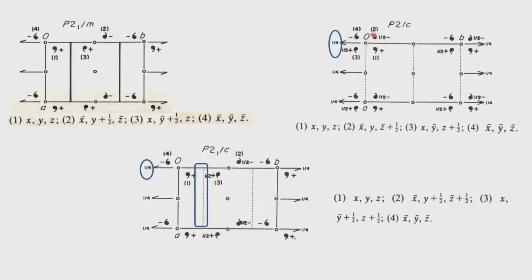Just to repeat, the presence of the center of symmetry will necessitate the symmetry which does not have a translation component to be associated with a movement of 1/4 along the direction perpendicular to the unique axis.